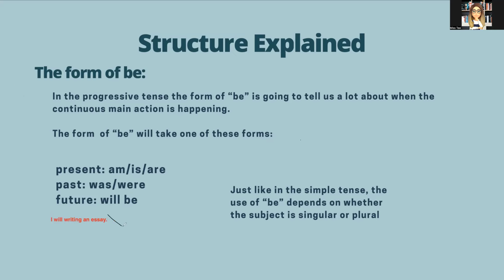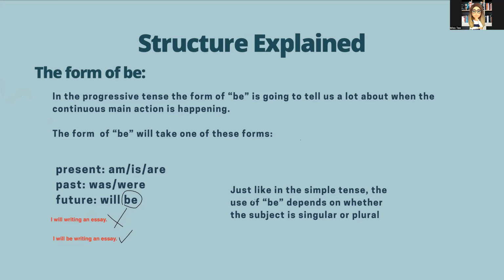And this is wrong. Why? Because you're forgetting the word be. So the structure is wrong. So you want to say, I will be writing an essay. And now you have the be in there, which means your structure is completely correct. And you're good to go.